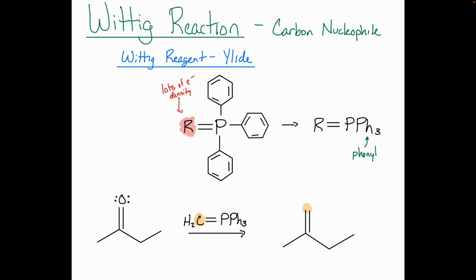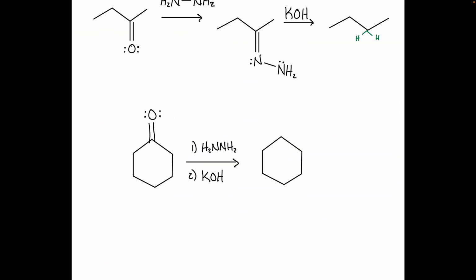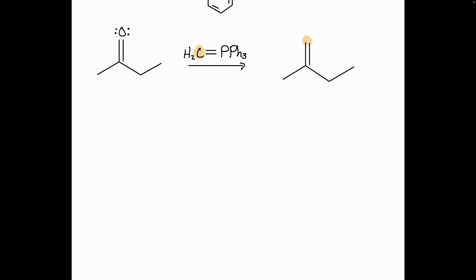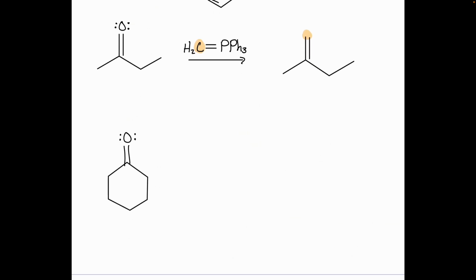All right, so with Wittig reactions, we have a carbon nucleophile, but we form a new carbon-carbon double bond. All right, so let's take our cyclohexanone here. All right, we want another example.